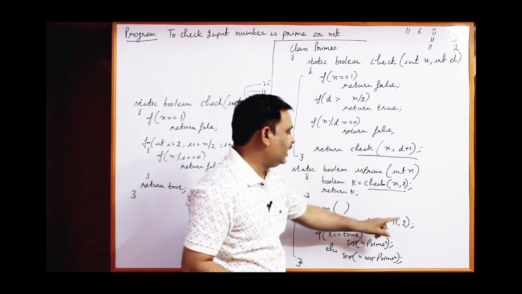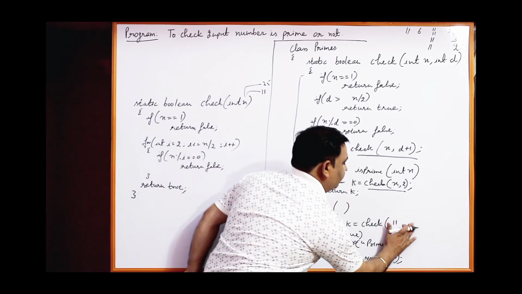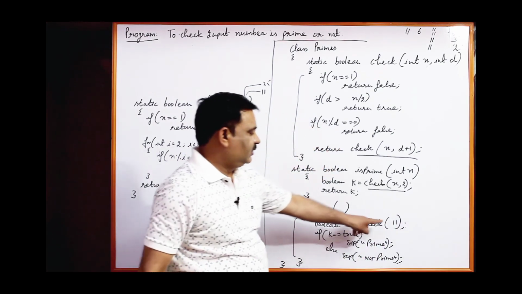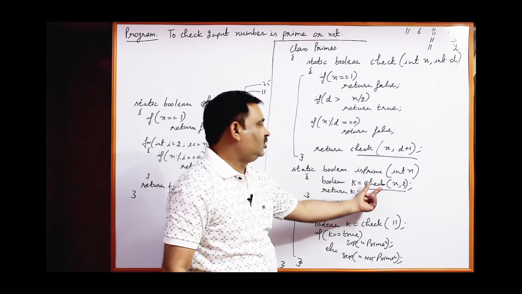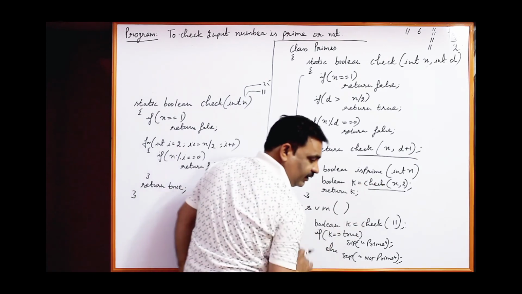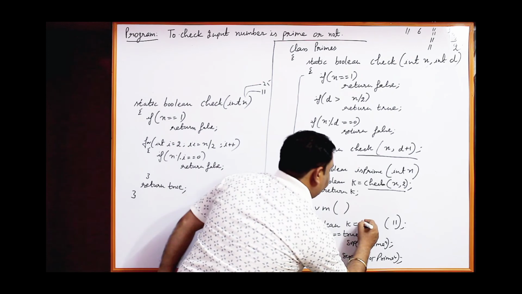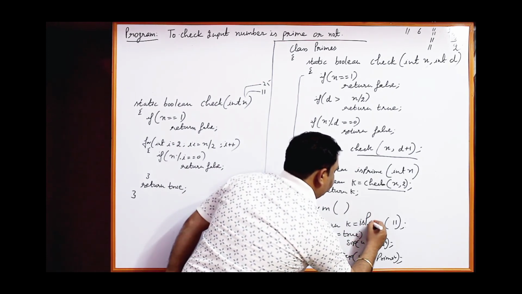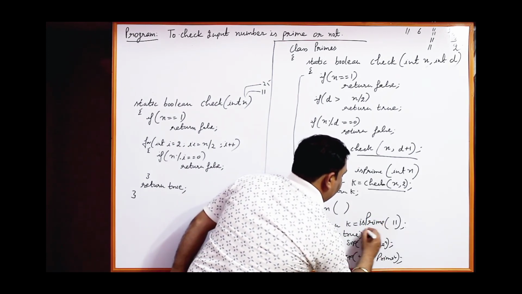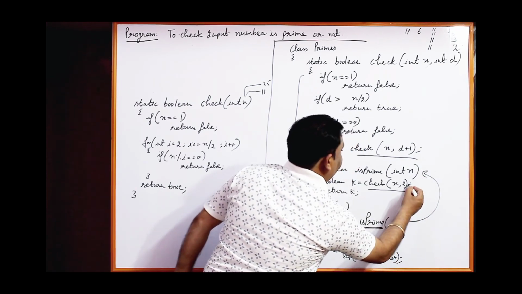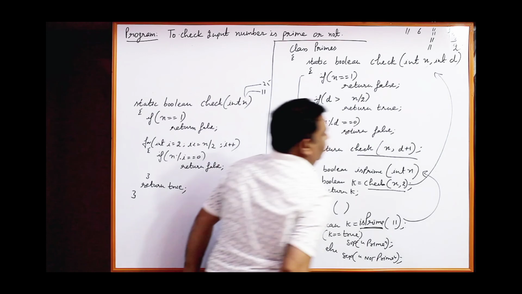Suppose we are passing 11, so this time we will not pass 2. What we will do, we will pass only one number. 11 will be passed here, so check function, and in place of check, now what we have to call, one more thing, we have to call here isPrime function. So control will transfer here, and from here it will transfer to this function.